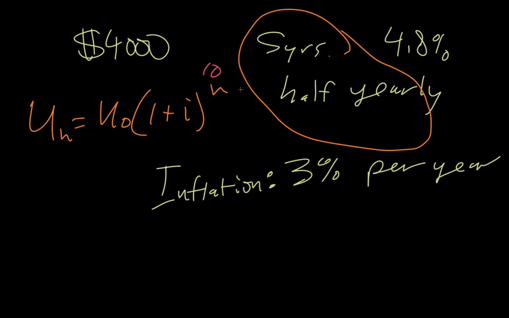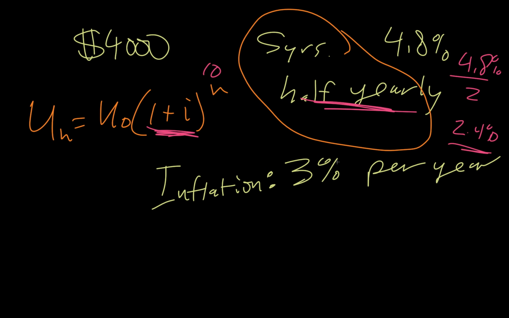Now our interest, we take 4.8% divided by 2, because once again, half yearly, and that's going to give us 2.4%, which when we change that to a decimal and add it together, this piece is going to be 1.024. We're raising that to the 10, and our starting amount is 4,000.